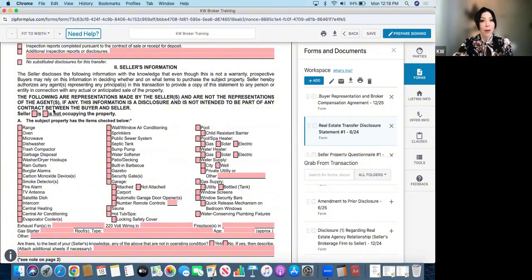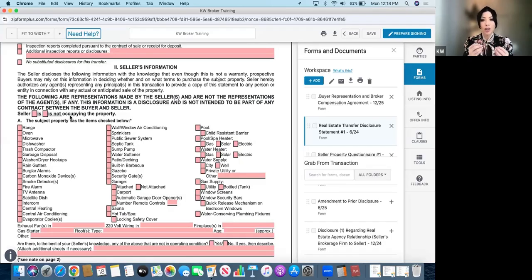And so this form is very important. The main forms, if something goes wrong in the transaction, are the TDS, the SPQ, and the AVID that we look at. The reason we look at those forms is they're the only forms where the seller and agent actually fill out their own information, and they are not the template forms. They're not just the pre-filled forms disclosing.